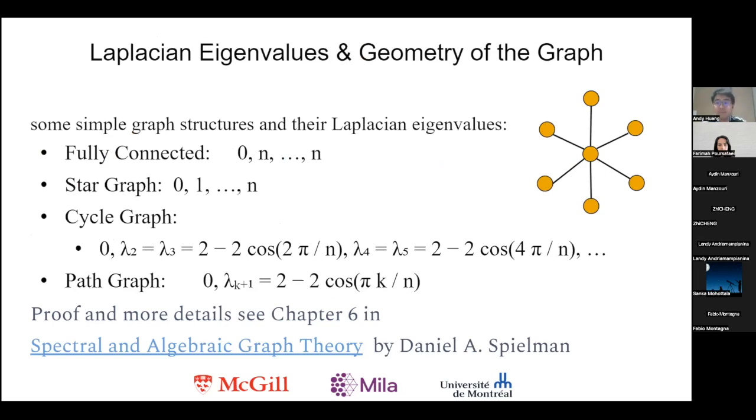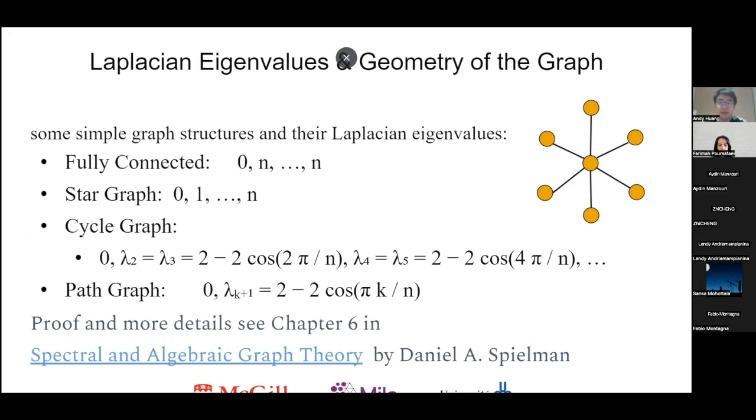Okay. So here, just as one concrete example of how the Laplacian eigenvalues and the geometry of the graph are connected, from spectral graph theory we know that for fixed types of graphs, you have well-known behavior of the eigenvalues.